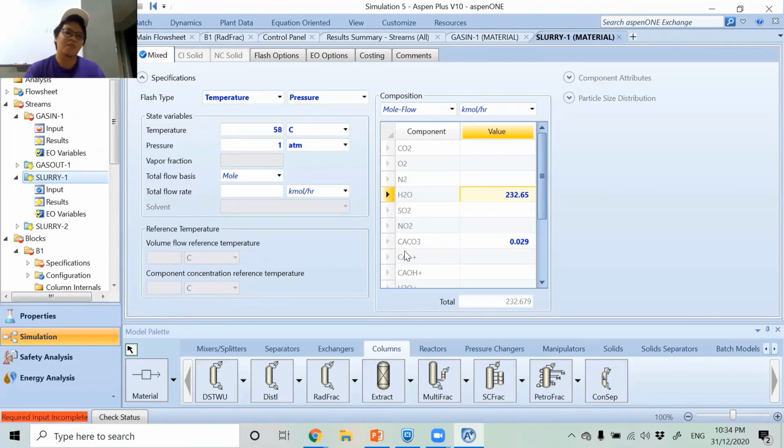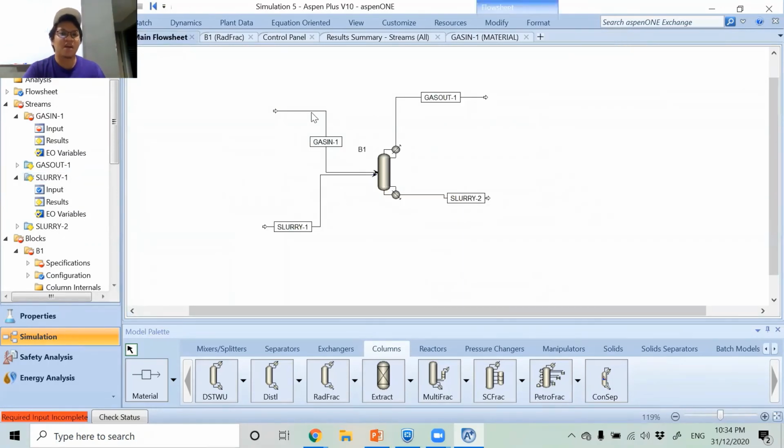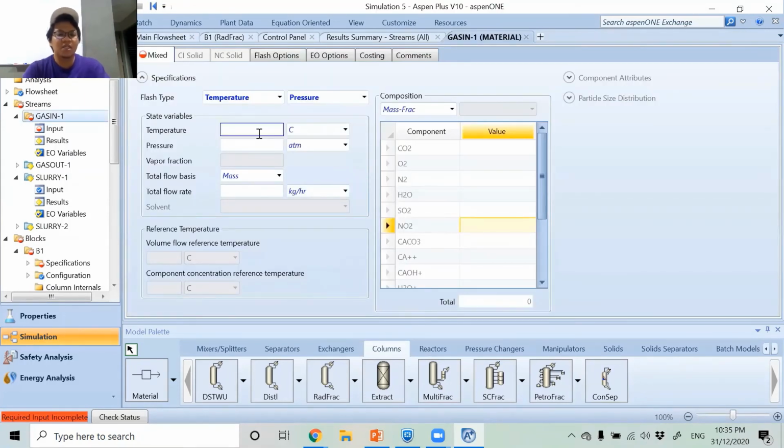Moving on, next I'm going to specify the flow rate of my flue gas. Temperature is 160 degrees Celsius. Pressure is 1 atmosphere. I have calculated the volumetric flow rate of the flue gas at 160 degrees Celsius, and the value is 501.8 meter cube per hour.